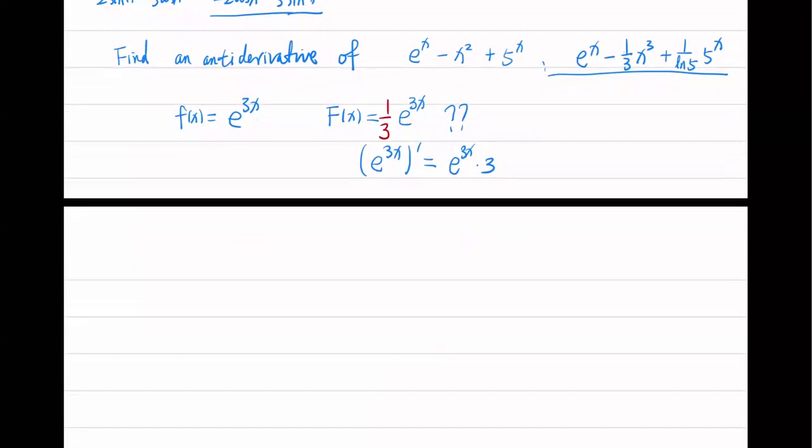Let's try this. f(x) equals cosine 5x. So Sakina, how do you find an antiderivative? Okay, so that first attempt, let's try sine 5x. Okay, so Sakina, what's the derivative of sine 5x?